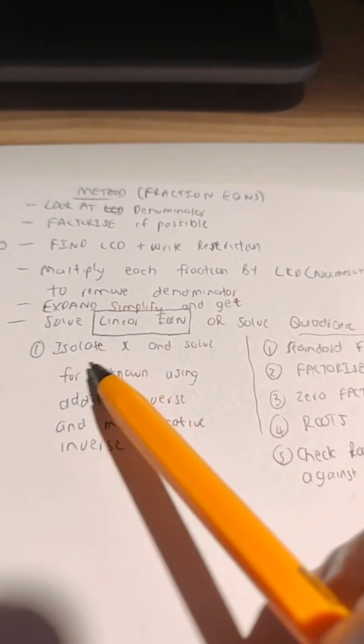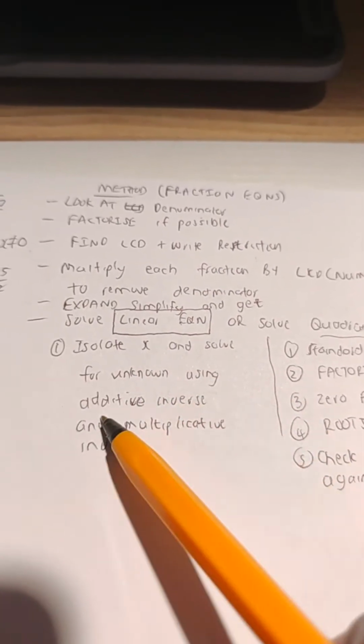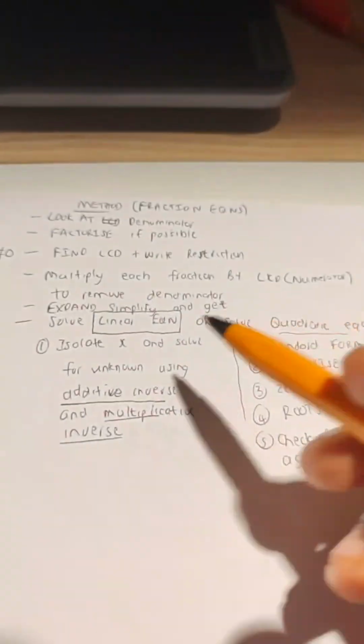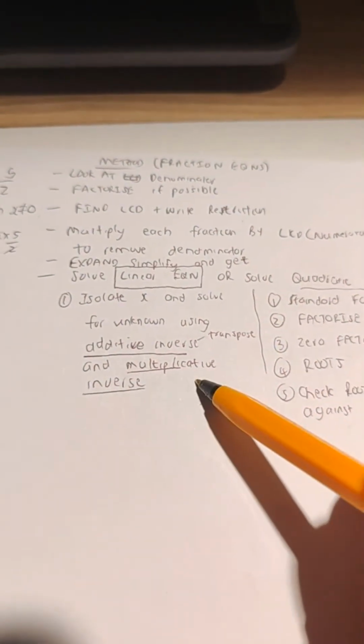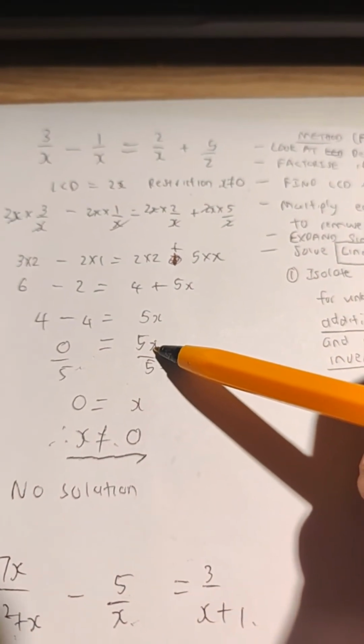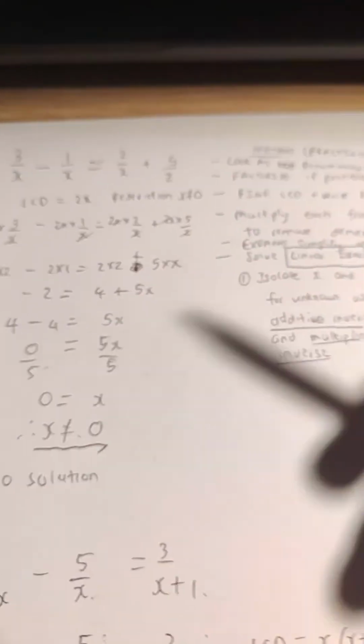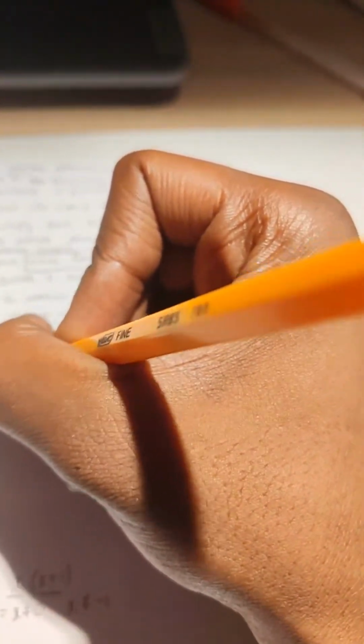When you solve a linear equation, guys, you always isolate x and you solve for the unknown using what I call the additive inverse and the multiplicative inverse. The additive inverse is just simply you transposing terms and signs changing. The multiplicative inverse is where, when you get at the end where the coefficient is isolated with x, you divide by the coefficient both sides in order to get to the answer. Then you check your answer against the restriction.